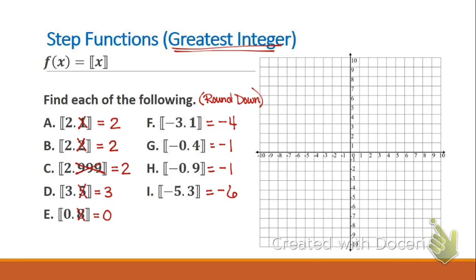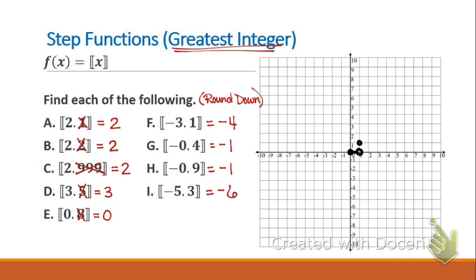So my greatest integer function, when I go to graph this, because everything is rounding down, is going to end up looking like steps. I'm going to have a closed circle right here. And as I move over towards 1, the output is going to stay at 0, but I have an open circle there because it's anything smaller than 1 that's going to round down to 0.